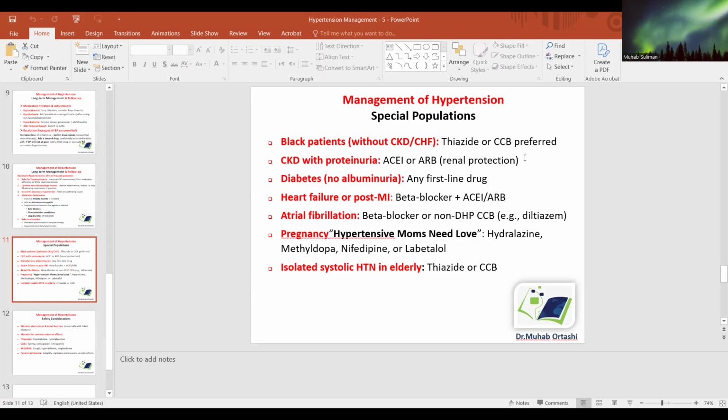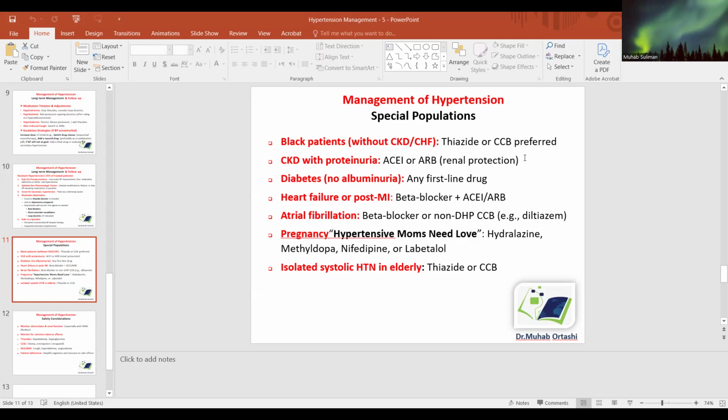The preferred drugs during pregnancy: as we know, we have pregnancy induced hypertension, PIH. If a female develops hypertension during pregnancy, or a female with hypertension gets pregnant, there are four main drugs used: hydralazine, methyldopa, nifedipine, and labetalol.